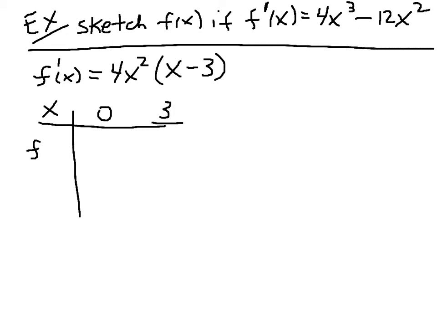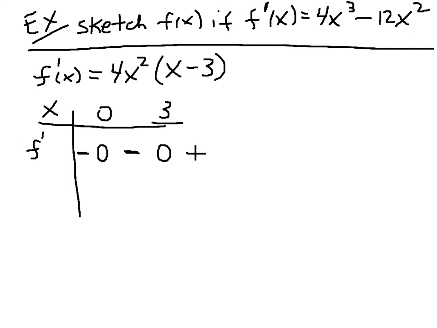And let's look at what the first derivative tells us. First derivative is 0 here, and it's 0 here. To the right of 3, the first derivative will be positive. Between 0 and 3, the first derivative will be negative, and on the other side of 0, the first derivative is negative again.